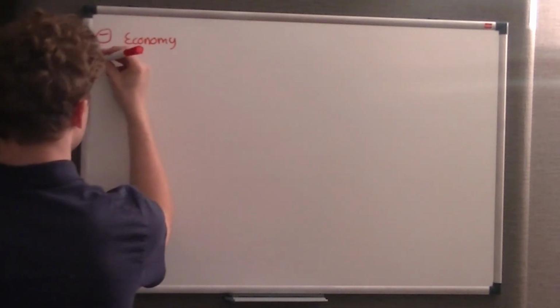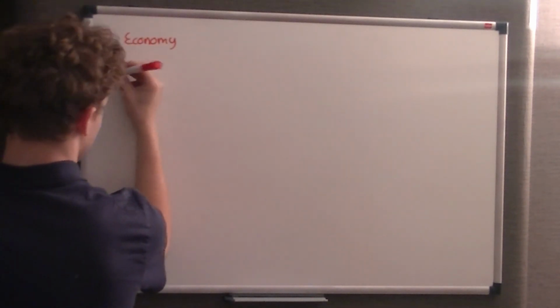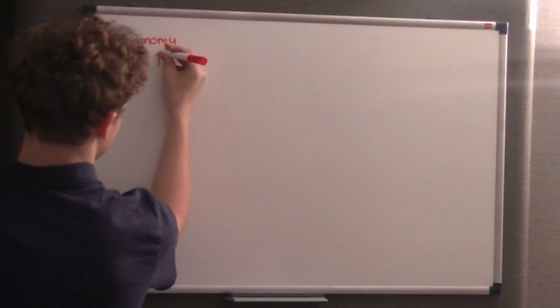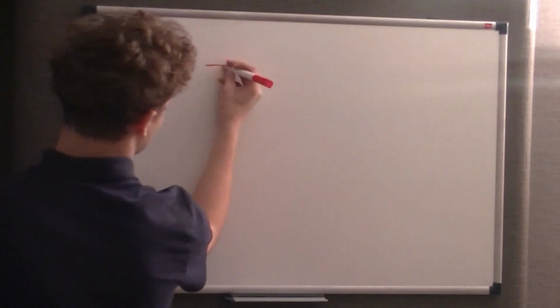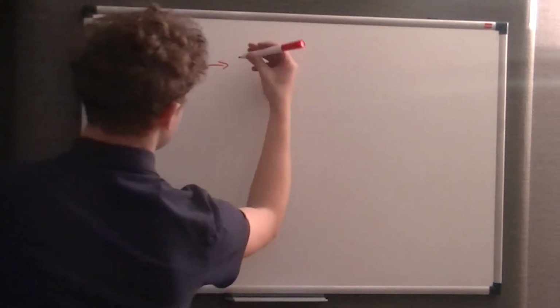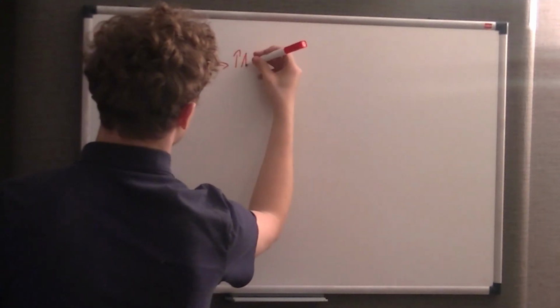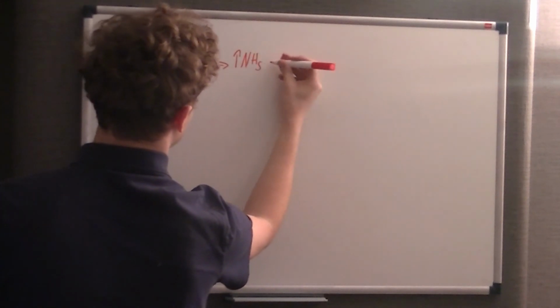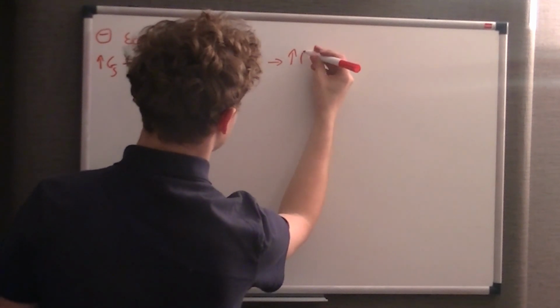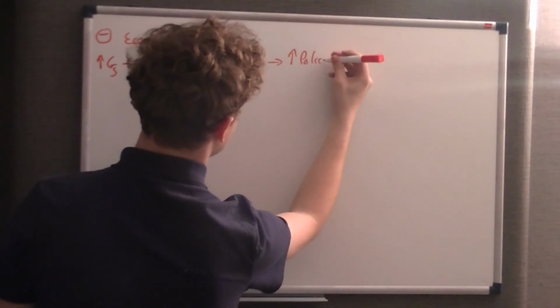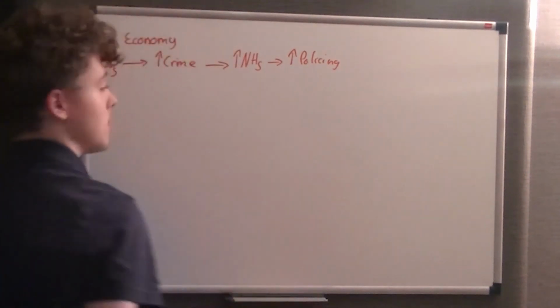It'd be increased government spending because of increased crime, and obviously increased spending on the NHS, and increased spending on policing in terms of that context we were talking about there.